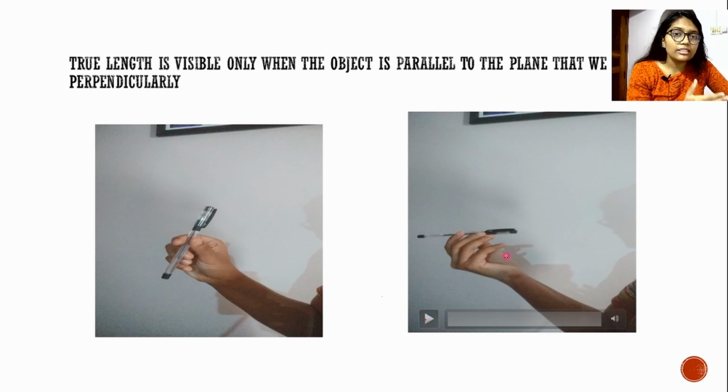But in every instant of its rotation, it maintains a position which is parallel to the ground. And ground, we can call it as horizontal plane, because that is the plane where we stand. Okay, so the pen is always parallel to the horizontal plane, and when we rotate, we cannot get the true length while looking through the front. While taking a front view, we cannot get the true length.